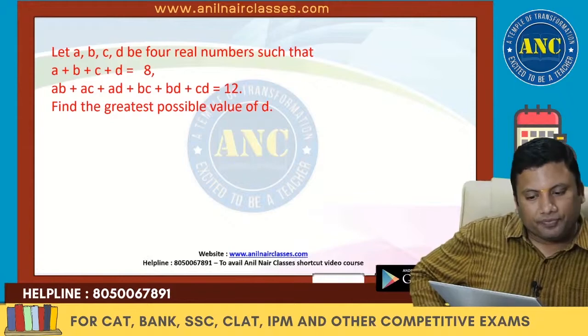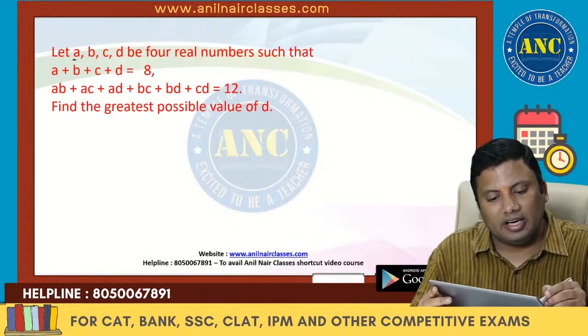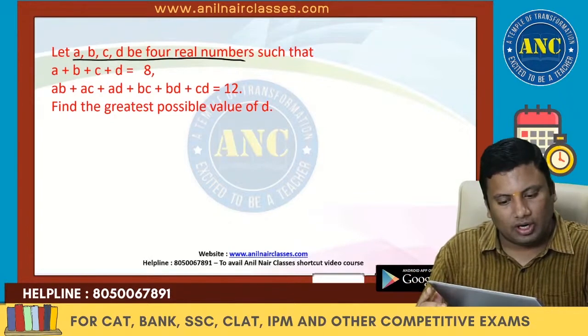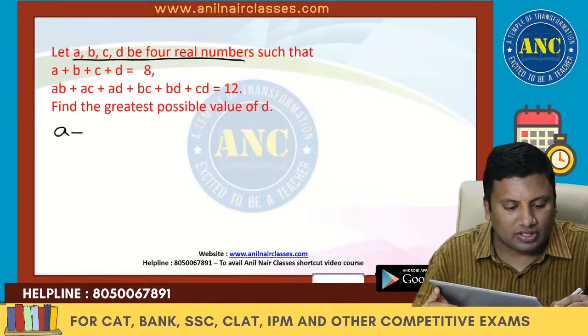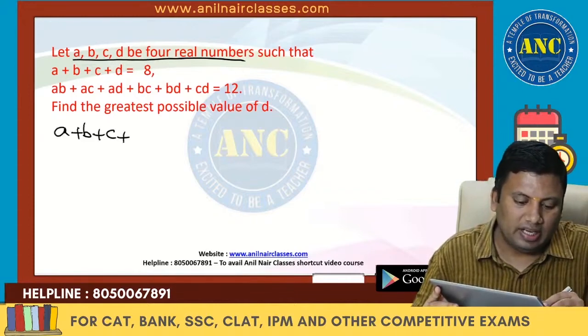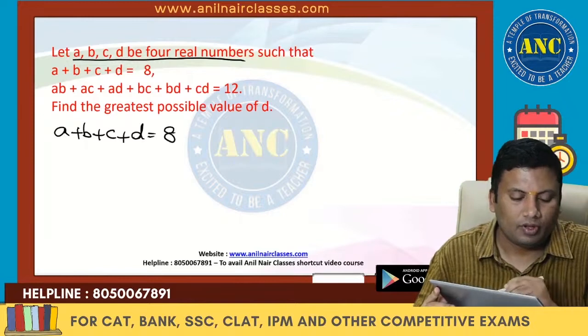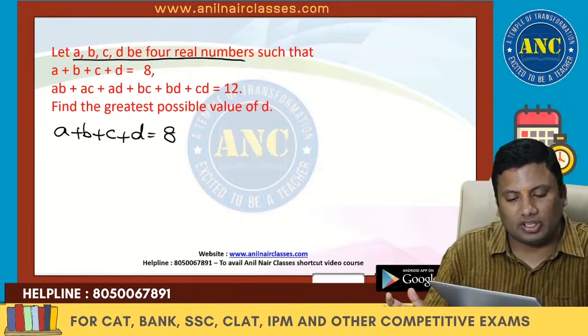Next one. Let A, B, C, D be 4 real numbers. A plus B plus C plus D is 8, and AB plus AC and so on, the combinations of 2, sum is given.